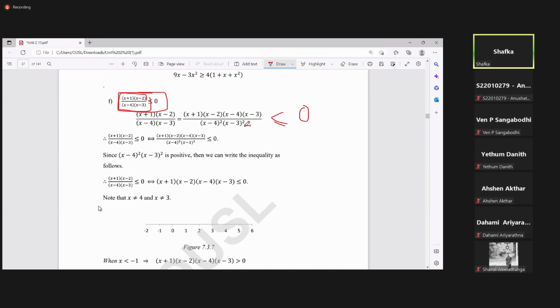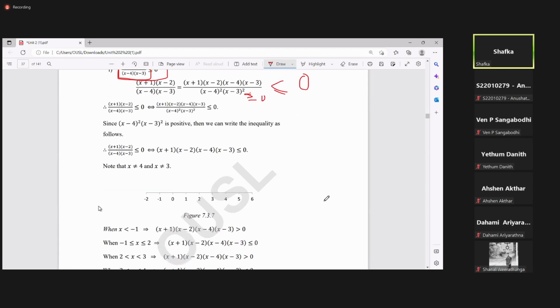We know that the denominator is always positive because we have squares in the denominator. So to satisfy this inequality, the numerator should always be negative. So now we can rewrite the inequality as x plus 1 times x minus 2 times x minus 4 times x minus 3 is a negative number.